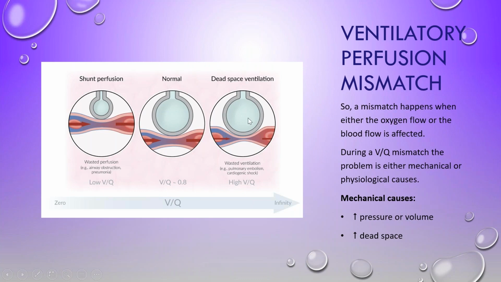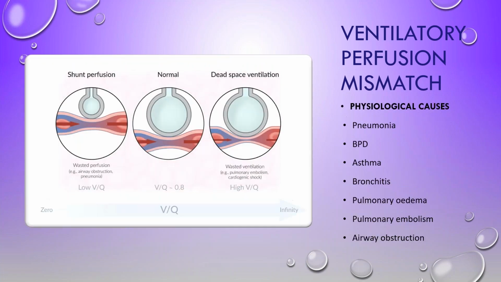Then you know that the volume you're giving or the pressure you're giving is too much. And this actually happens fairly frequently, and people don't pick it up when they disconnect the baby and reconnect. Physiological causes could be pneumonia, could be BPD, so this lung being damaged, bronchitis, pulmonary edema, pulmonary embolus, or an airway obstruction.